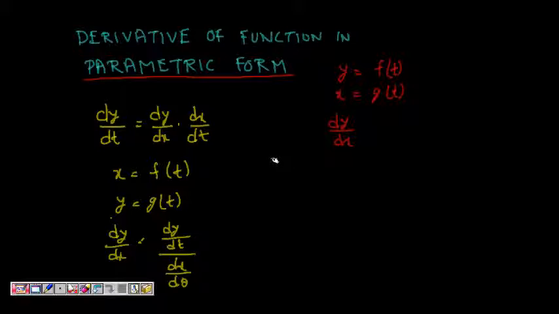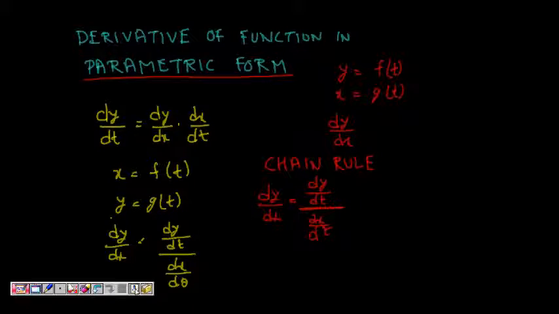Again, the chain rule will help us, because we can write dy by dx as dy by dt divided by dx by dt. We will look at some interesting examples.